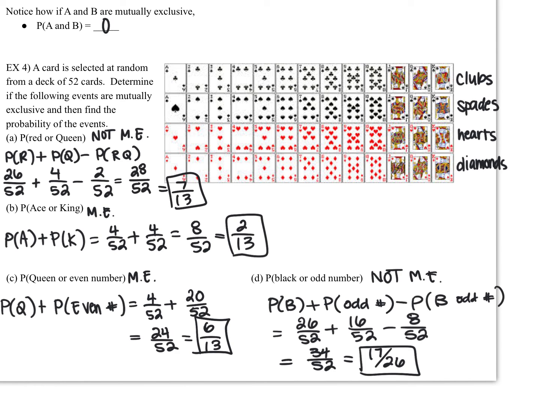So very good chance, about 65%, that if you draw a card, it's black or odd. So of the 4 probabilities we calculated here, the one that's most likely to happen is our black or odd, followed closely by red or queen.